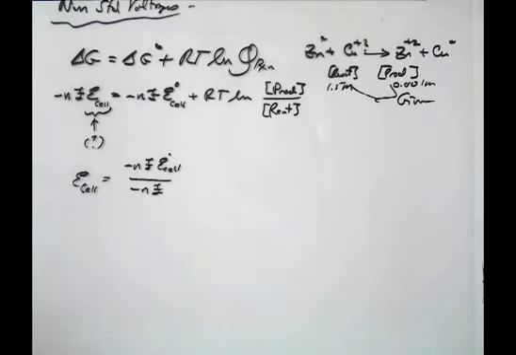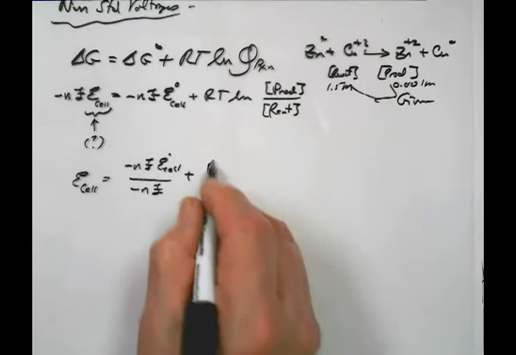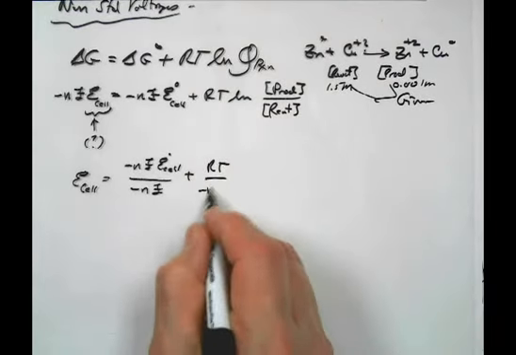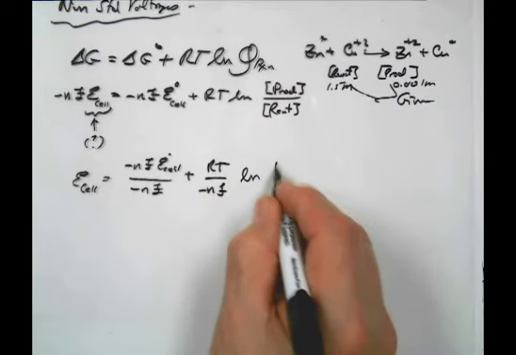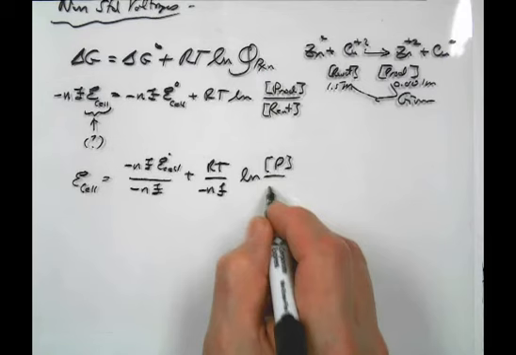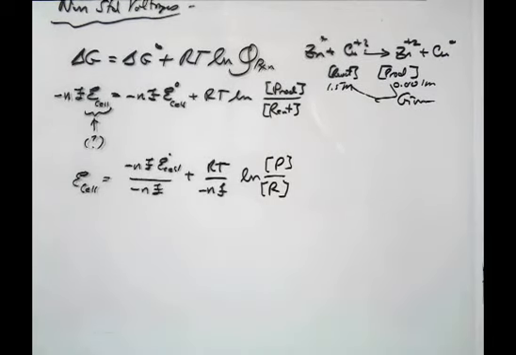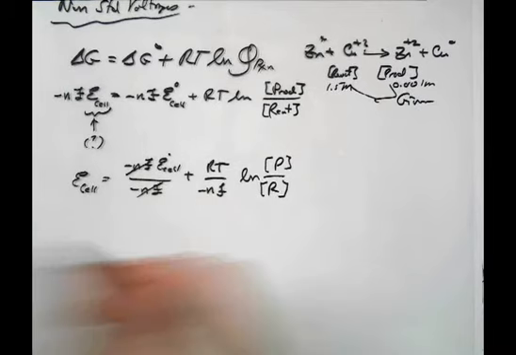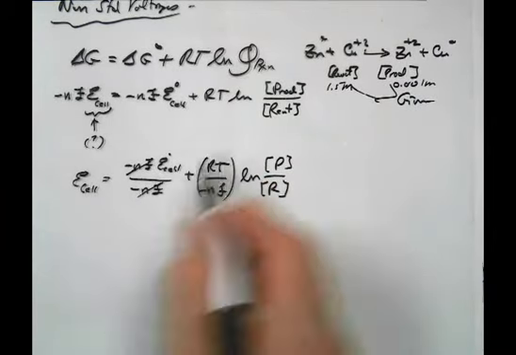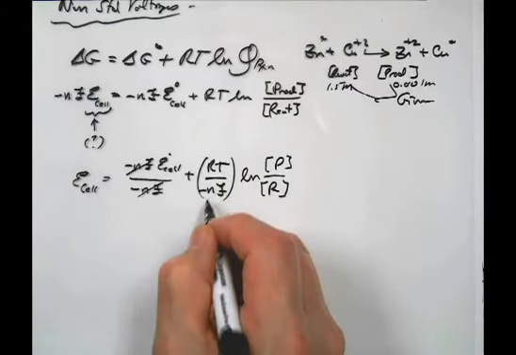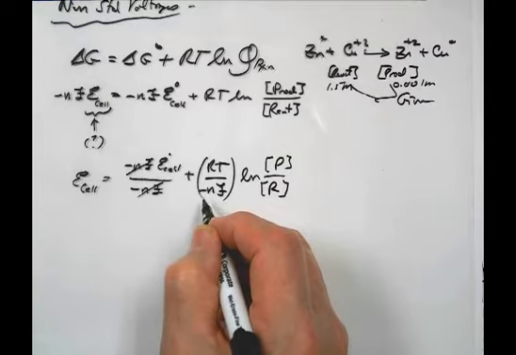That's for the first term. I just divide through by the NF, plus RT over minus NF, right there, ln of products over reactant concentrations, like this. Well, that drops out real comfortably. These R, T, and F are constants.